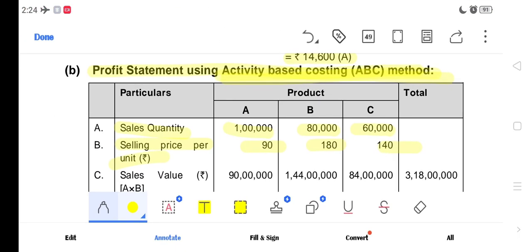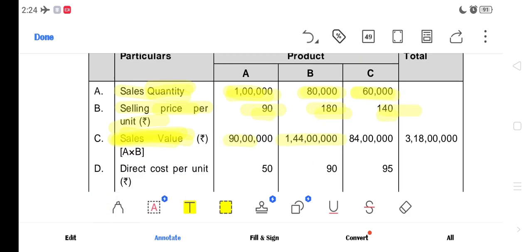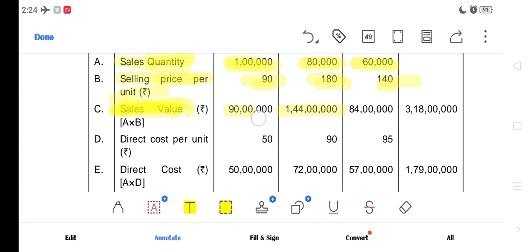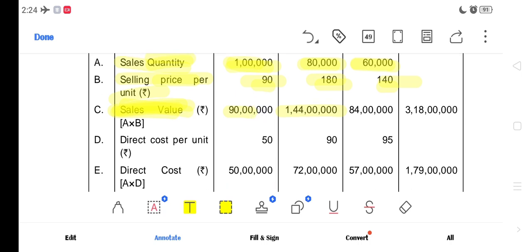So first of all, before going to direct cost, we have to calculate the sales value, because we have quantity and price but no sales value. So 1 lakh into 90 is 90 lakhs, and 80,000 into 180 is 1 crore 44 lakhs, and the same for the third. So for ABC you get the sales value, and from here we have to deduct.